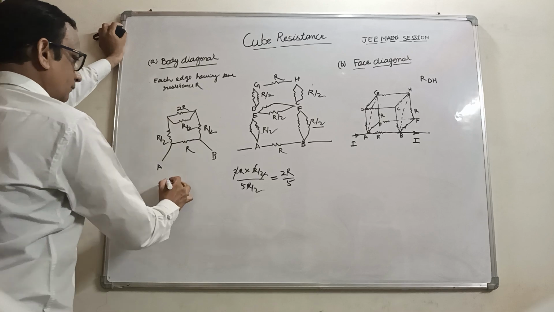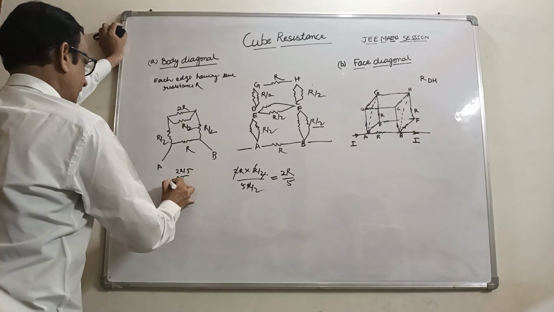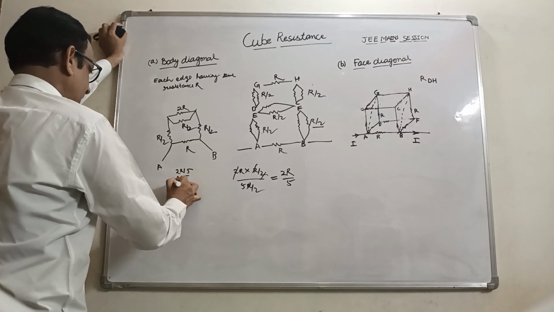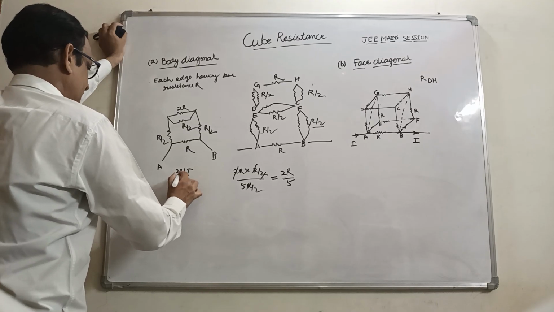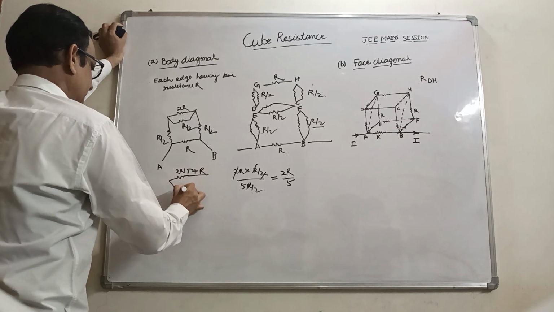So this is 2R by 5, and R by 2 becomes R. So this becomes plus R, and this is R.